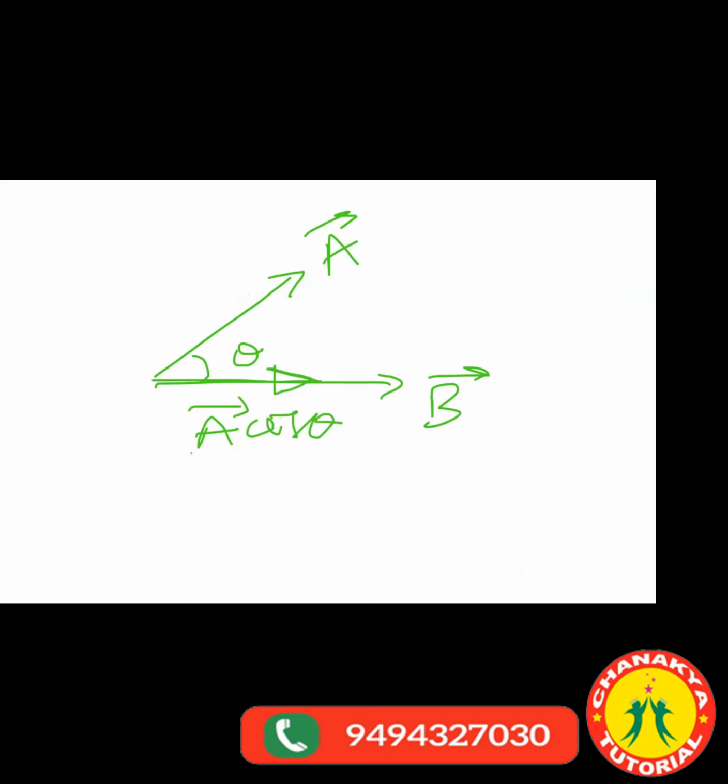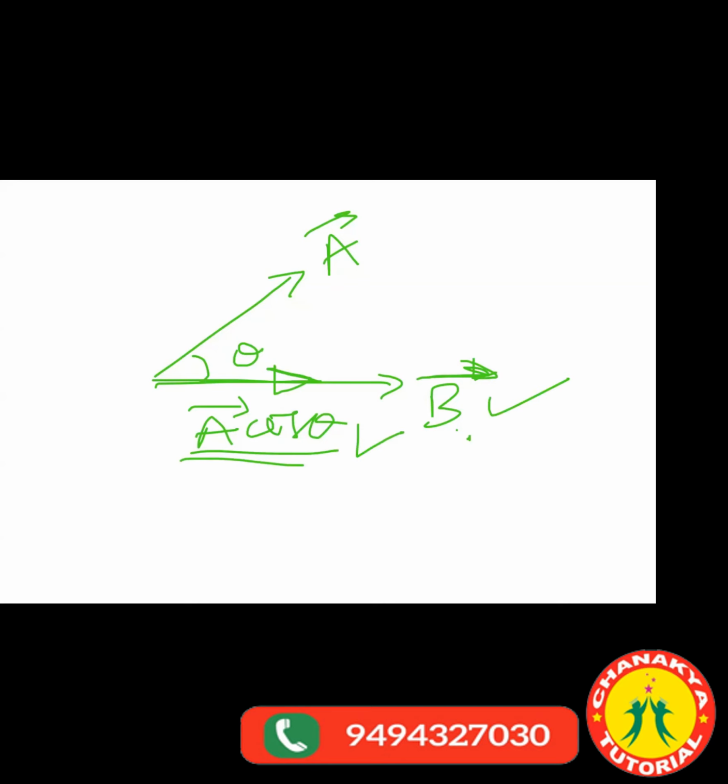When I said this is vector A and this is vector B and this is the angle between them, this is the component of vector A, that is A cos theta, along B. What will be its direction? Along B only, right? The direction of B and the direction of A cos theta should be same. So you have to verify that.